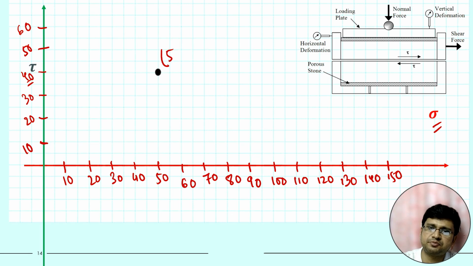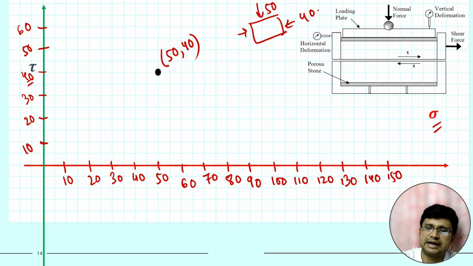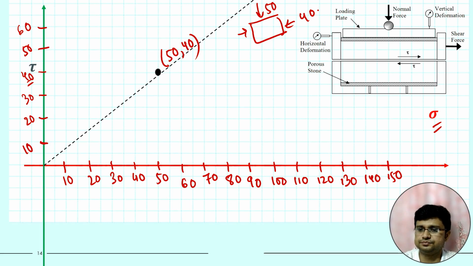So this point will be (50, 40), because the normal stress applied is 50 and the shear stress applied is 40. For this point failure occurred, so this point is over the failure envelope.